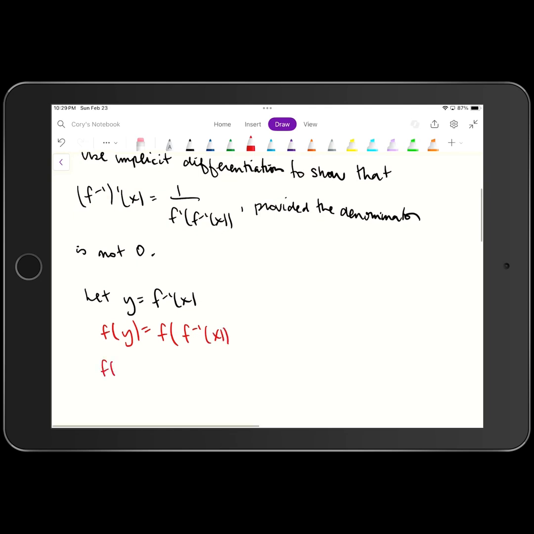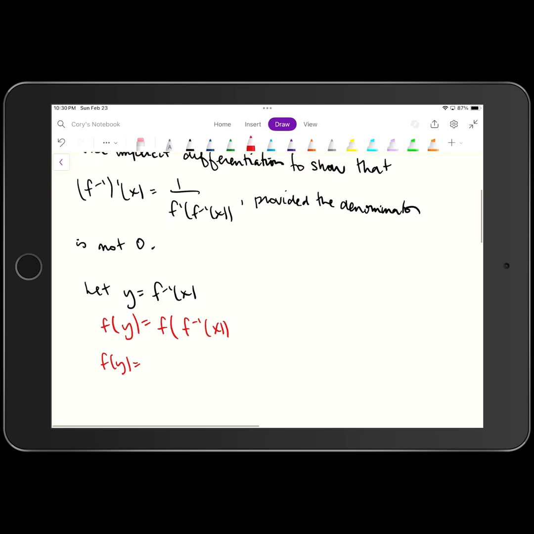Okay, so that makes f of y equal to, on the right-hand side, f composed with f inverse of x. We said all the way back in chapter 1 in this class that the composition of a function and its inverse is equal to x. Okay, so the function and its inverse wind up canceling one another out, and that's just equivalent to x.